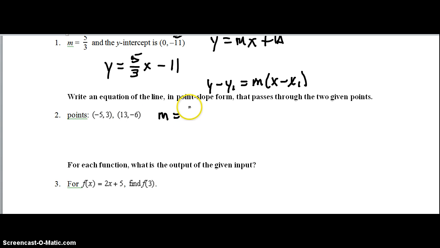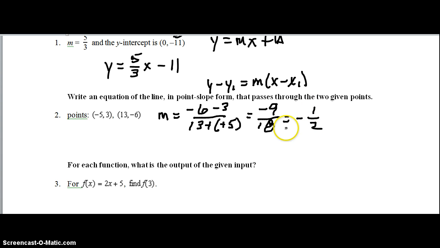Negative 6 minus 3, and then 13 minus negative 5. That's going to be negative 9 up top. And then this becomes addition. It's going to be 18. And that's going to simplify to negative 9/18, otherwise known as negative 1/2.